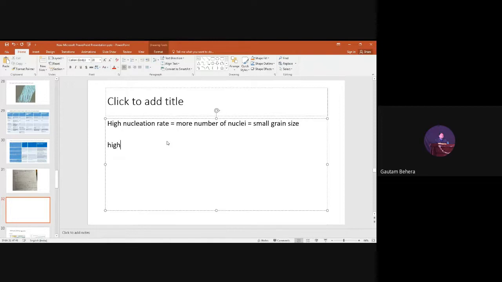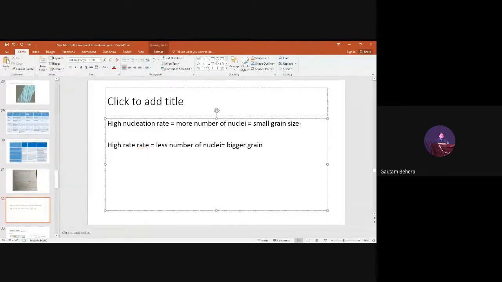High growth rate means less number of nuclei. Less number of nuclei means what? Bigger grains.